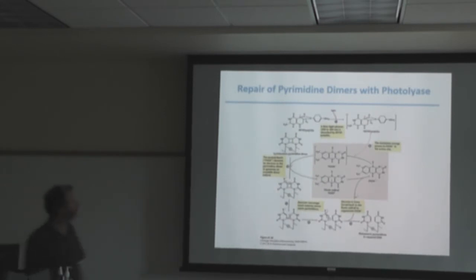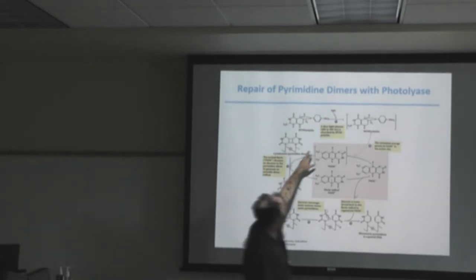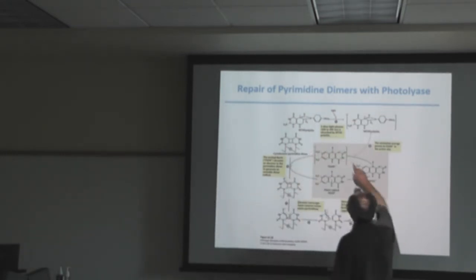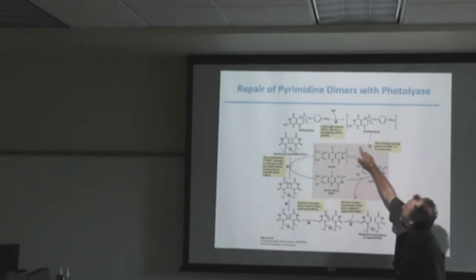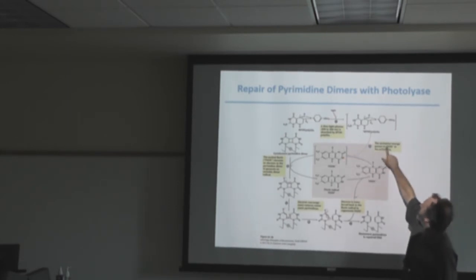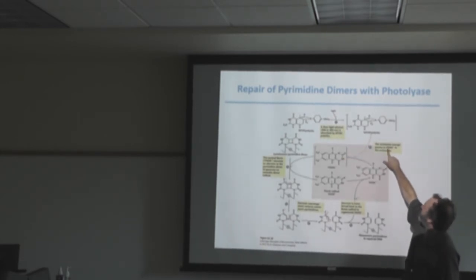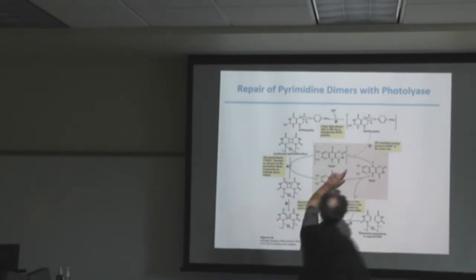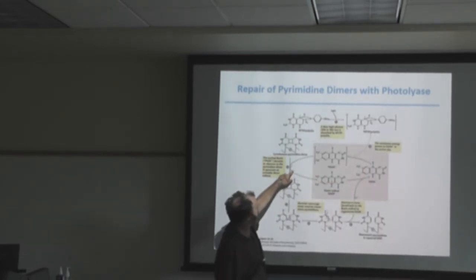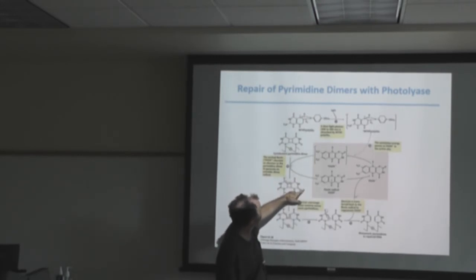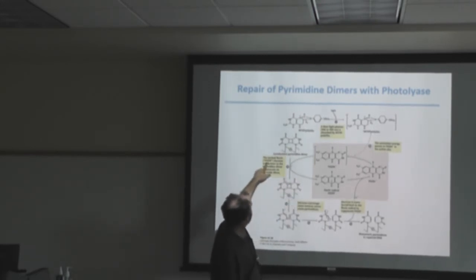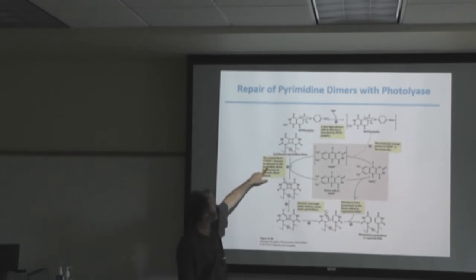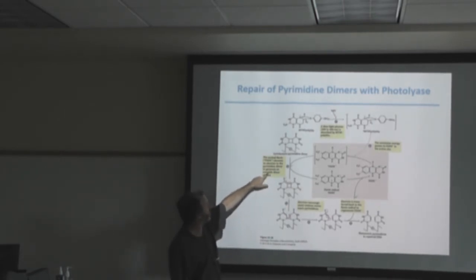A blue light photon is absorbed by the NTHF. This excitation energy then passes to an FAD, so the electron gets picked up by the FAD. Then that excited flavin FAD donates the electron to the pyrimidine dimer to generate an unstable dimer.